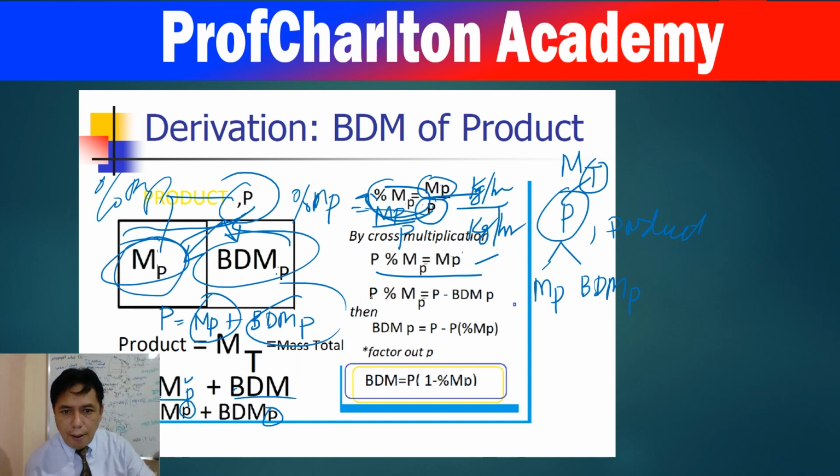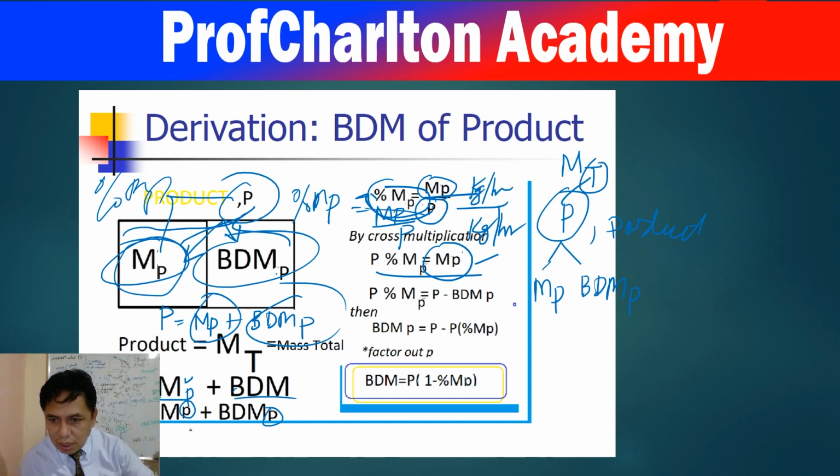Yeah, so here. And then what can you do with this? We have to transpose this, right? So P percent equals MP, then P minus BDM, because we just have to expound some of the terms. So M sub P, meaning the mass flow rate of the product, we can derive it here.